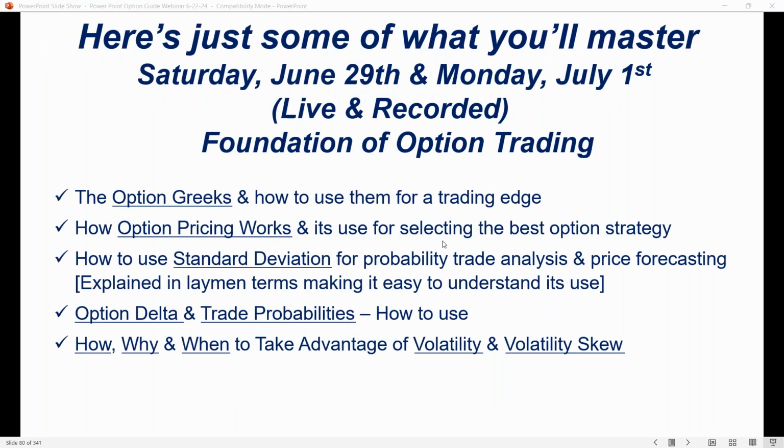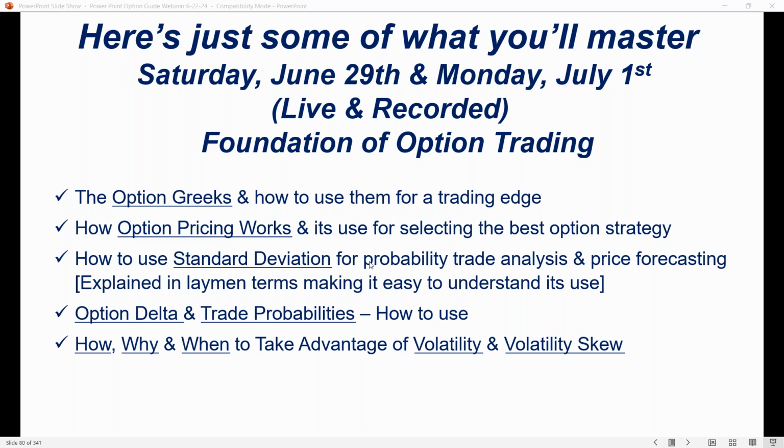And here is an outline of what we're going to cover starting next Saturday. We'll start out with the foundation: option Greeks and how they are used for your trading edge and these different strategies, and how option pricing works for selecting the best strategy. It's really important to understand standard deviation for setting up your probability trade analysis, price target forecasting, things like that.